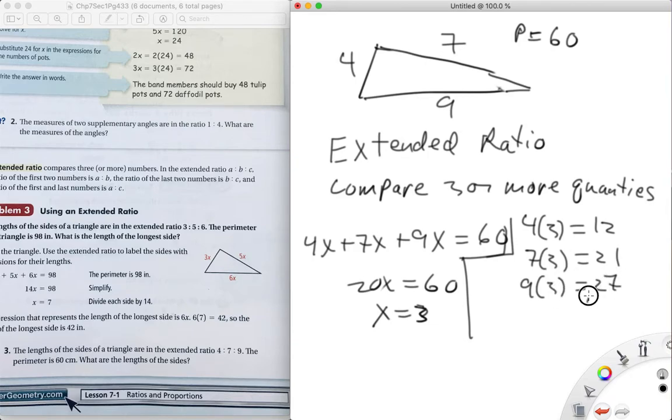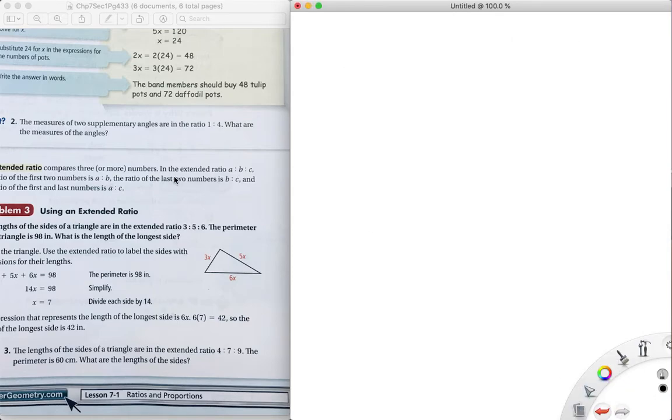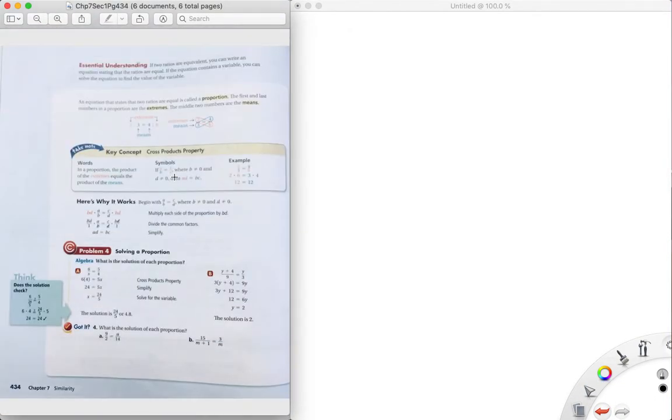So these are the lengths of the sides of a triangle with an extended ratio of 4, 7, and 9. And when I add them up, 12 plus 21 plus 27, I should get 60, and I do.